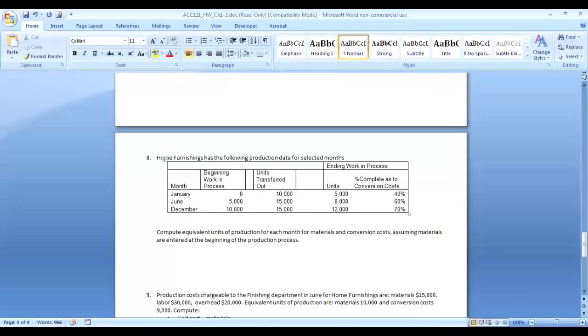We're usually not adding materials as we move down the production line, if you think of it like that. But it's not always the case. From a problem-solving standpoint, it's always going to be indicated whether that's the case or not. Okay. So you won't have to wonder. But yes, again, in most cases, materials are at 100% once that process starts.